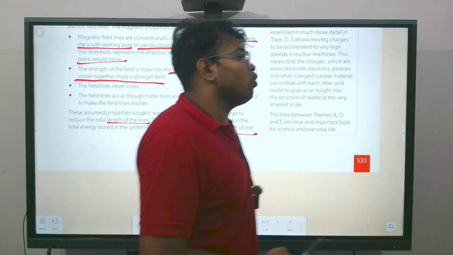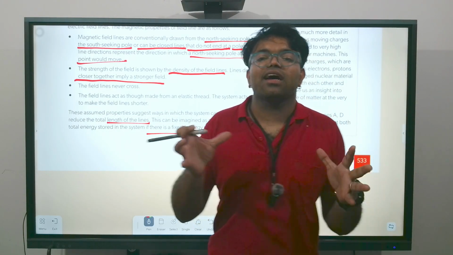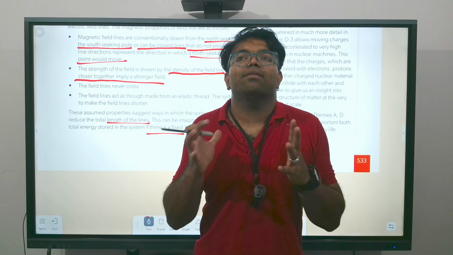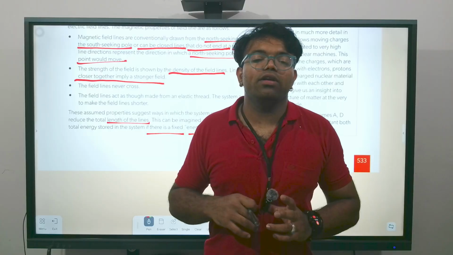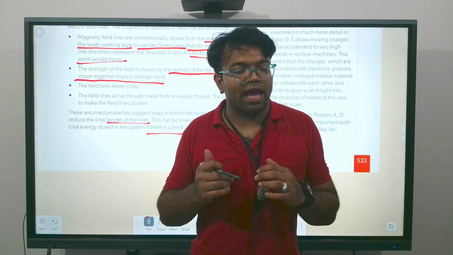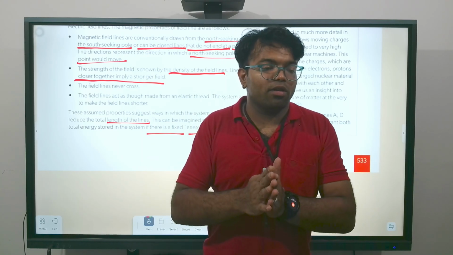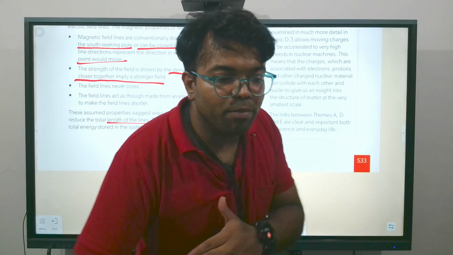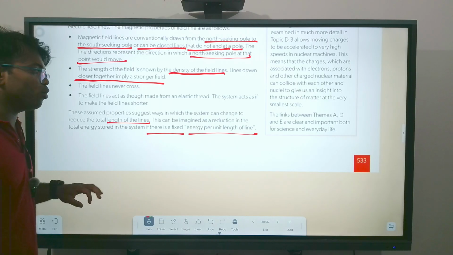So what is happening here? The field lines are elastic. They want to become shorter and shorter. The only way to make them shorter is making the poles come closer. So basically we are talking about an attraction of two different types of poles.